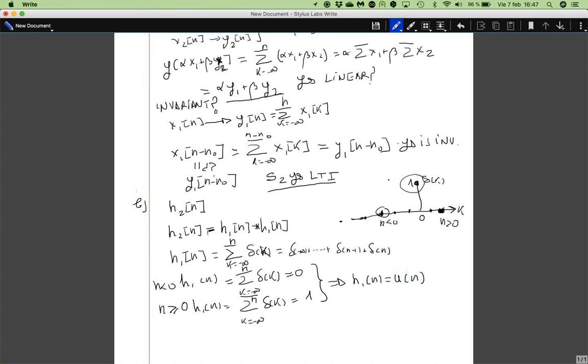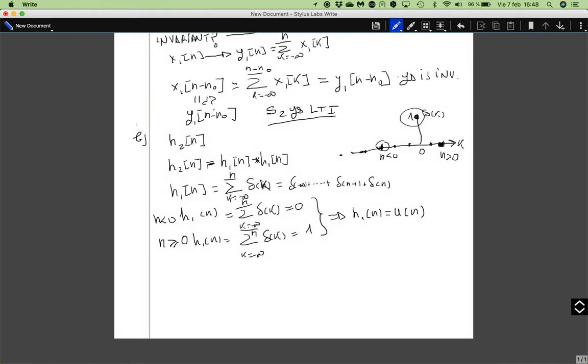Okay, so let's move a little bit forward, because what we need to calculate is h2[n]. And h2[n] is basically h1 applied to h1 of the input signal.